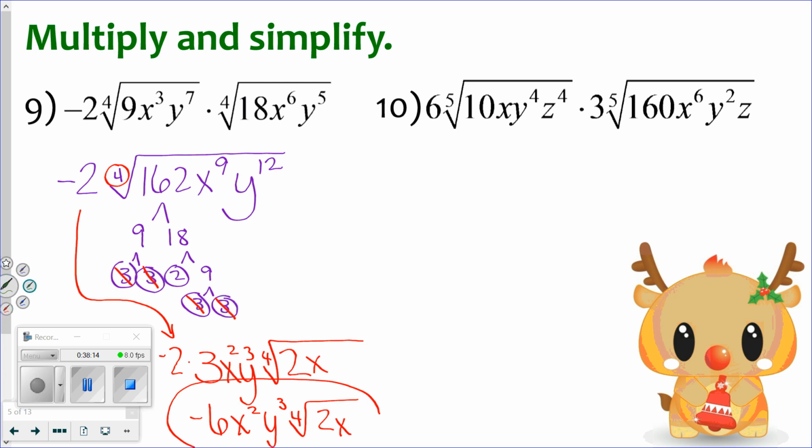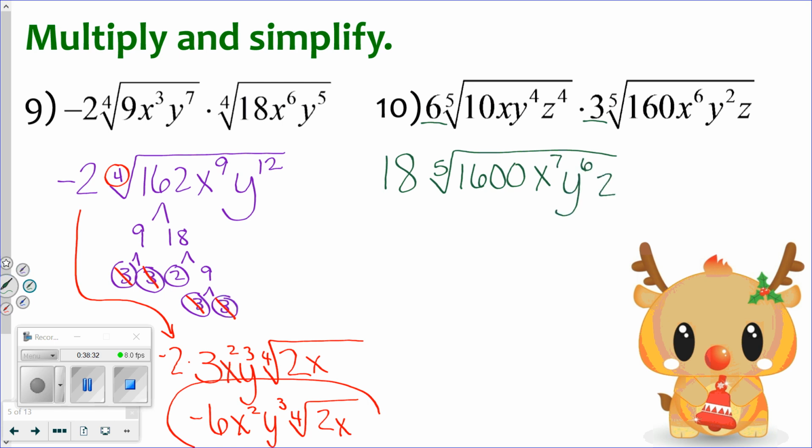And then number 10, last one. Ooh, I got long, didn't it? So numbers out in front, 6 times 3, 18. And then we have a 5th root, 10 times 160, it'd be 1600. X to the 7th, y to the 6th, z to the 5th. Just double check, make sure you get the right exponents.